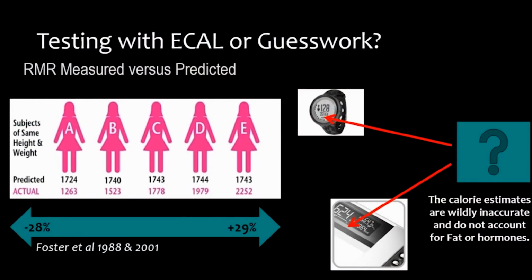So the oxygen coming in is going to tell us how much energy we're making. An interesting thing about this is that different people have different metabolic rates. You can have people that are exactly the same height and exactly the same weight have metabolic rates plus 29% or minus 28% around the range. So each individual person is going to have a different rate.